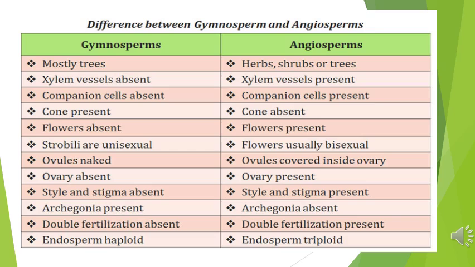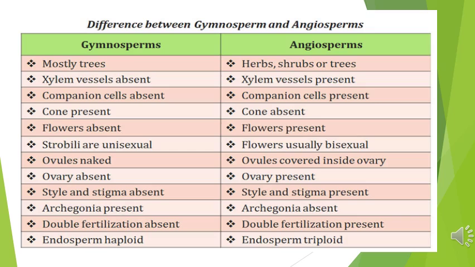The reproductive parts like style and stigma are absent in gymnosperms, whereas these are present in angiosperms. In a similar way, double fertilization is absent in gymnosperms, whereas double fertilization is present in angiosperms.